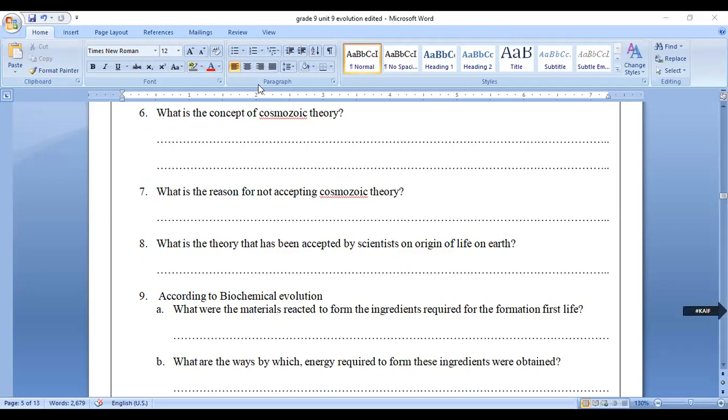Although it is not exactly 100%, there are several confusions in that theory, but anyway, now it has been accepted. The name of the theory is biochemical evolution theory.